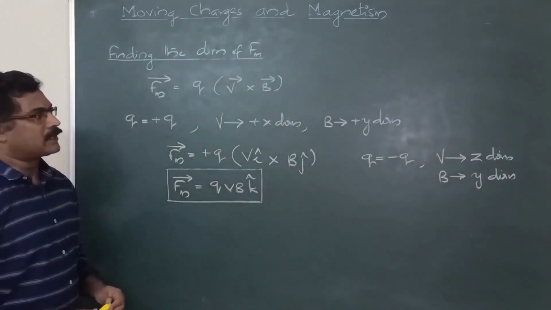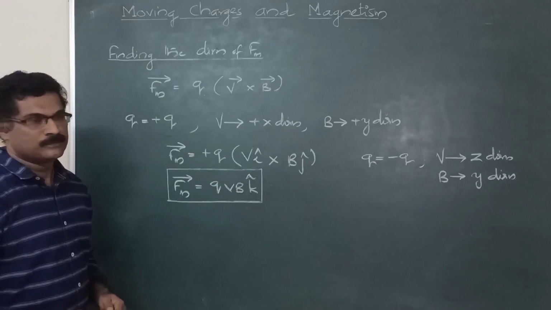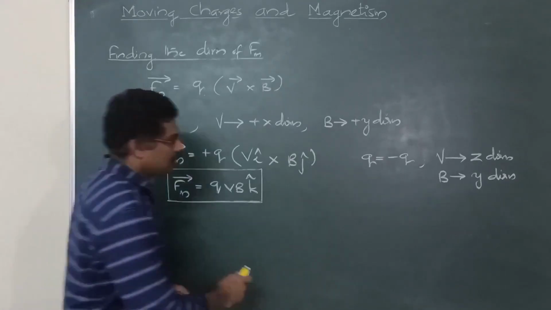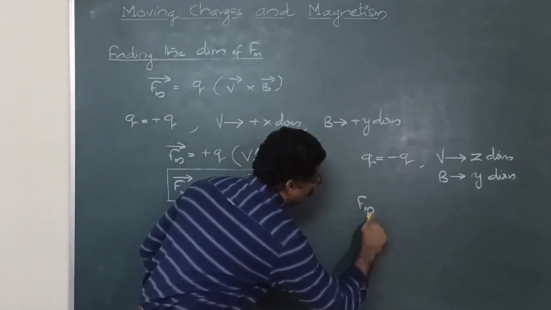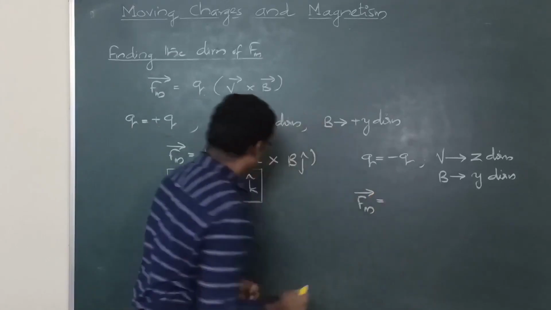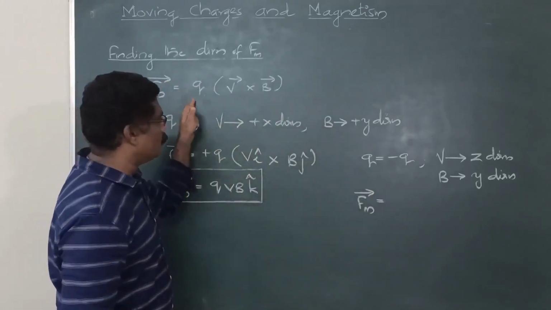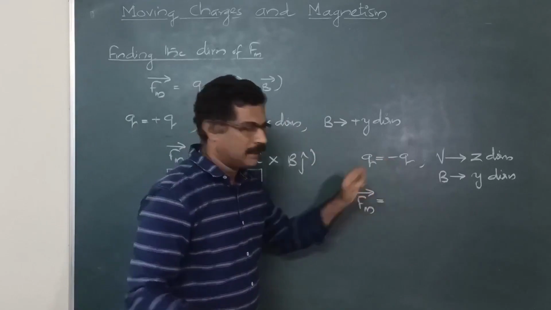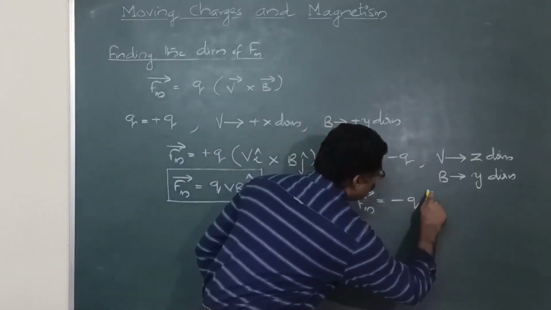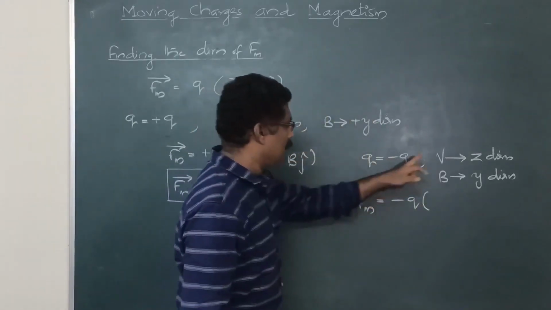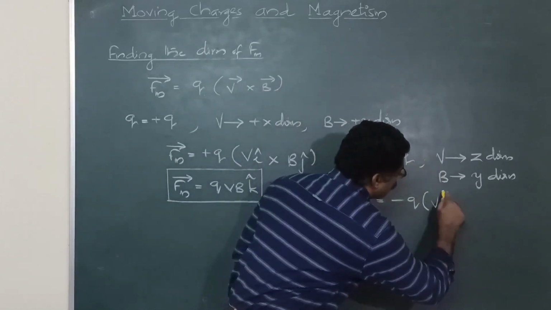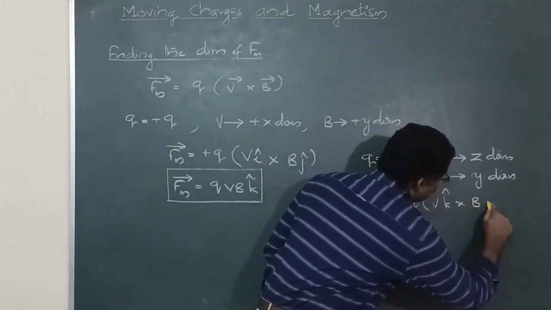What is the direction of the magnetic Lorentz force? The same equation we can use. Fm vector is equal to q into, but here q is minus q, negative charge, so minus q into v cross b, v k cap cross B j cap.